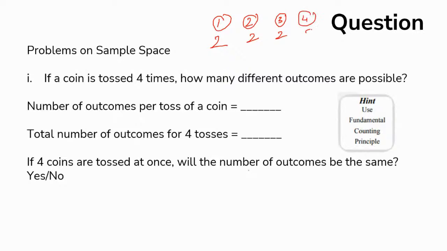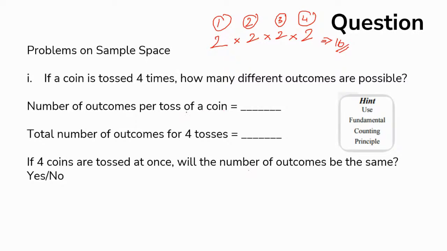In such cases there are going to be combinations, like first head combined with second tail and third head and fourth tail. Any combination can occur, so we get different outcomes. So between these values we multiply, and you get the number of outcomes as 16. So the total number of possible outcomes is going to be 16.